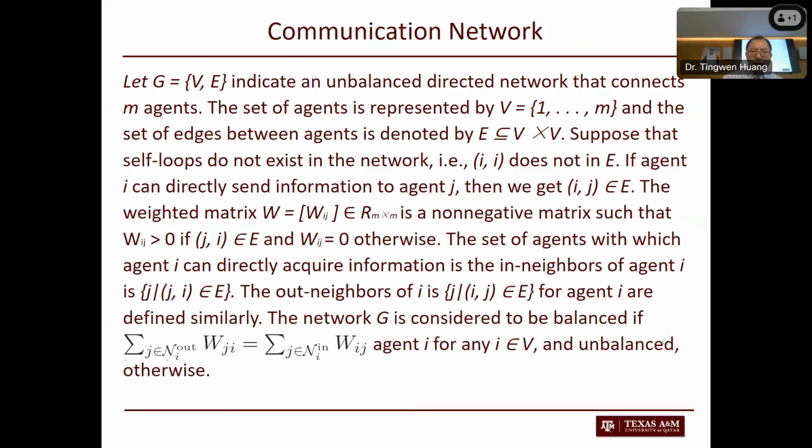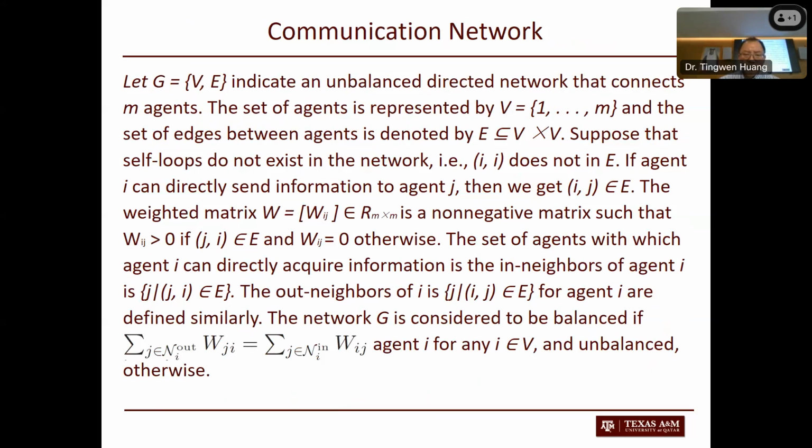The set of agents is represented by V, and the set of edges between agents is denoted by E. Suppose that self-loops do not exist in the network, which means (i, i) is not in E. If agent i can directly send information to agent j, then we get (i, j) is in E.